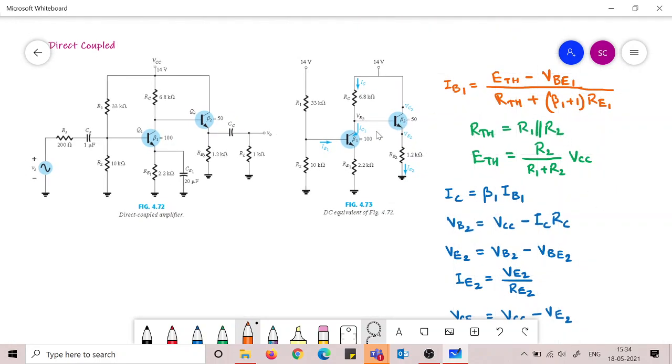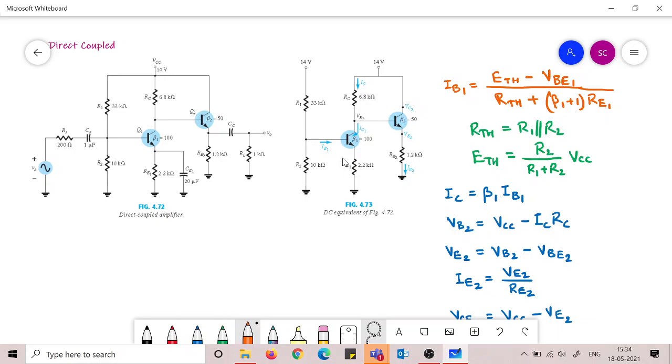So now how to go ahead solving? This IB1 we have to find out, because this is a voltage divider. So we find IB1 by making Thevenin's equivalent circuit, looking from this side. So there will be an ETH and VB1, and IB1 is ETH minus VB1 by RTH plus (beta 1 plus 1) RE1.